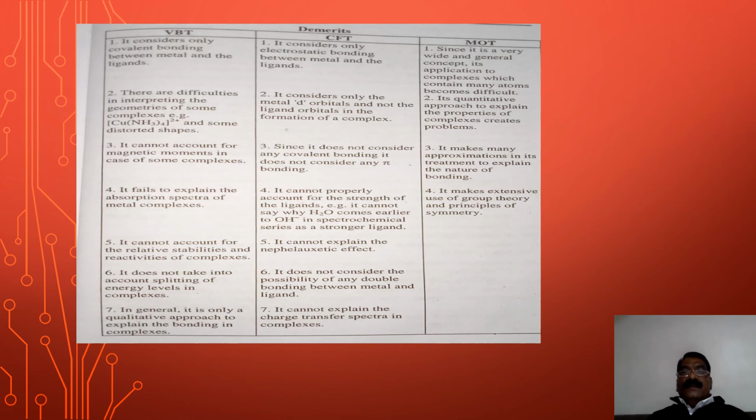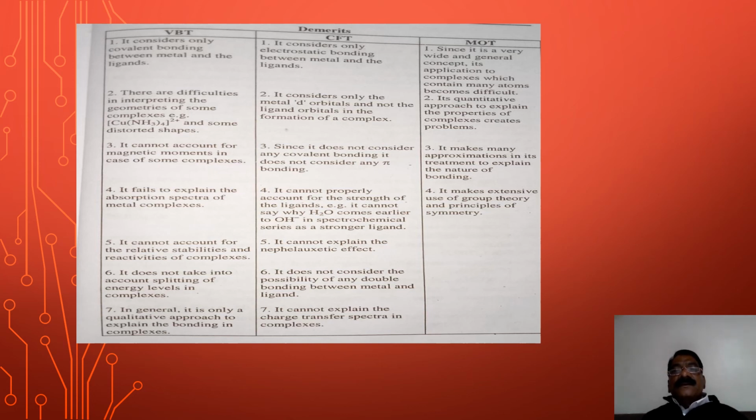Last, demerits of MOT. First, since it is a very wide and general concept, its application to complexes which contain many atoms becomes difficult.